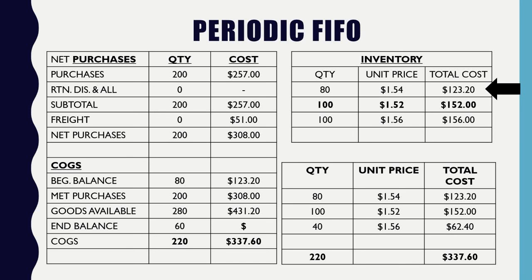And by understanding that, I can go ahead and solve for how much my cost of goods sold is. So in this case, I sold a total of 220 items. I can look at my inventory items and recognize that I need to get rid of my first batch, which is the batch that is in actual inventory.